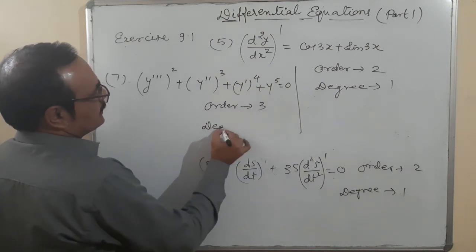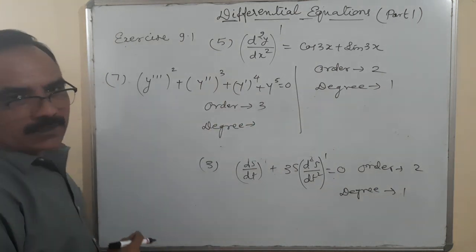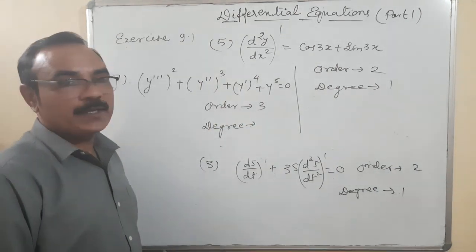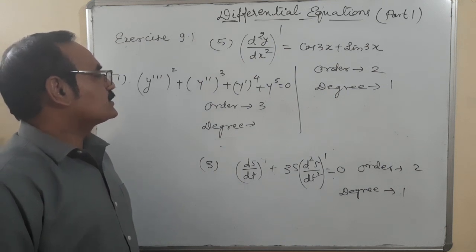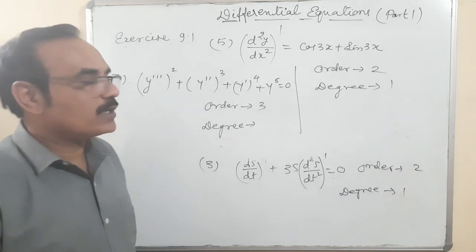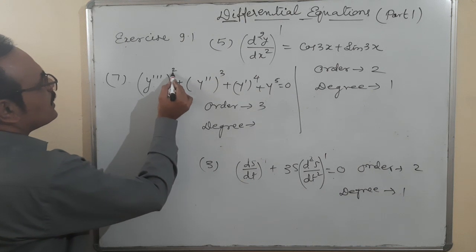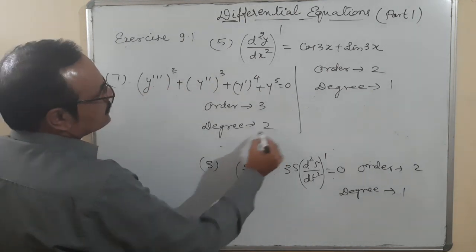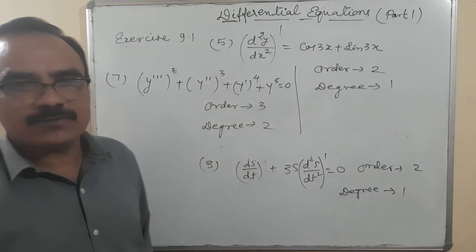Let us check degree. You can see that it is a simple polynomial, and in a polynomial we have to find the power of the highest order derivative. Highest order derivative is 3 and its power is 2. Therefore degree is 2. You will not write that the degree is 5 because the highest power is 5.